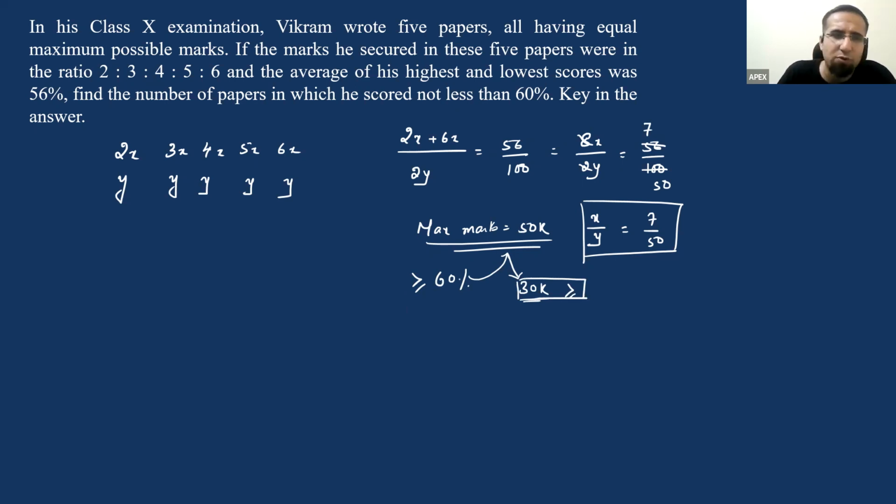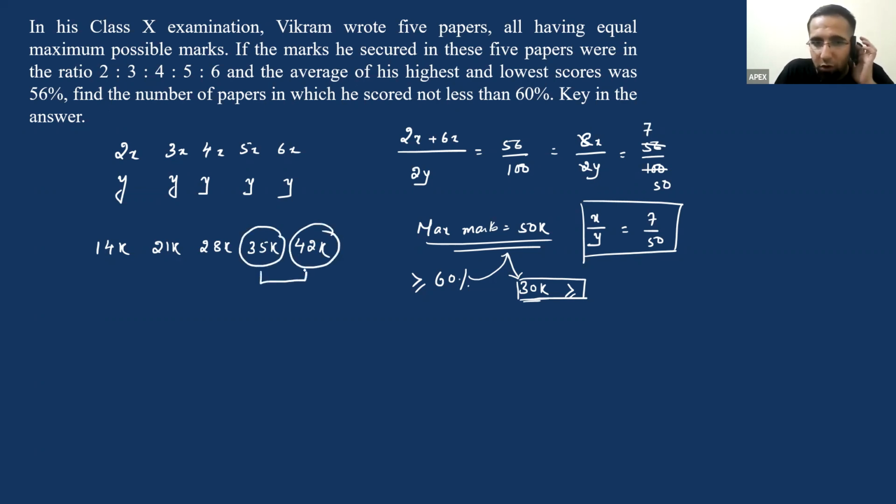So if I replace x is equal to 7k, in this paper he scored 14k, in this paper 21k, in this paper 28k, in this paper 35k, and in this paper 42k. And we are shortlisting the papers where he got more than 30k. So it is 35k and 42k, the two papers where he got more than 30k, and therefore your answer here becomes 2.